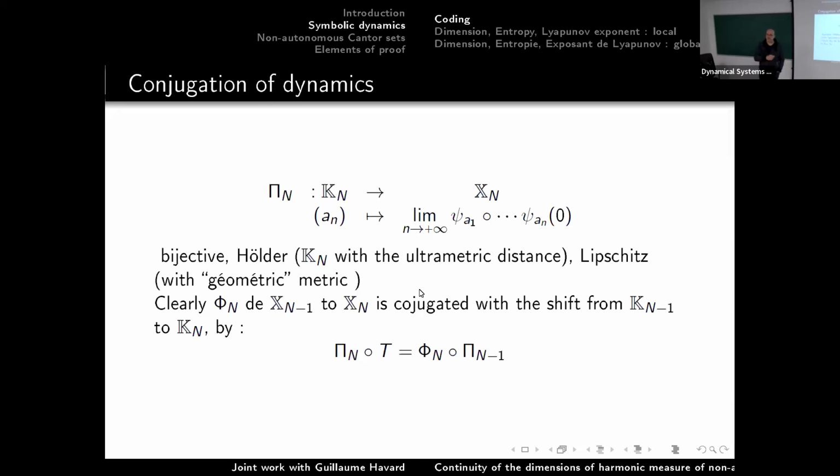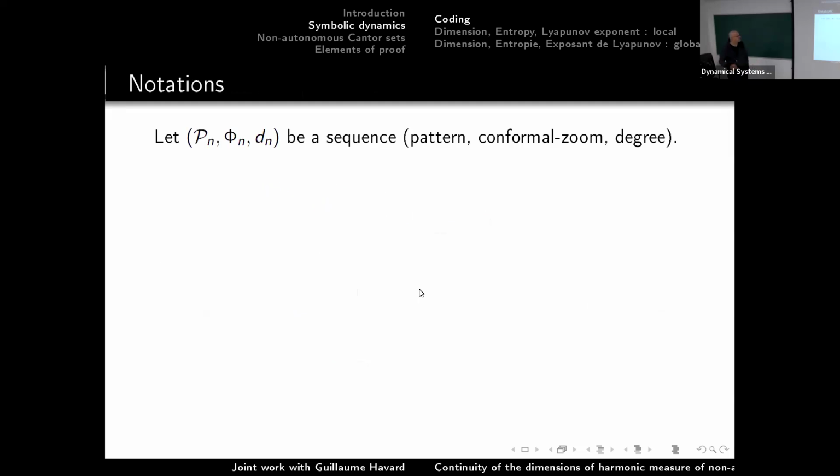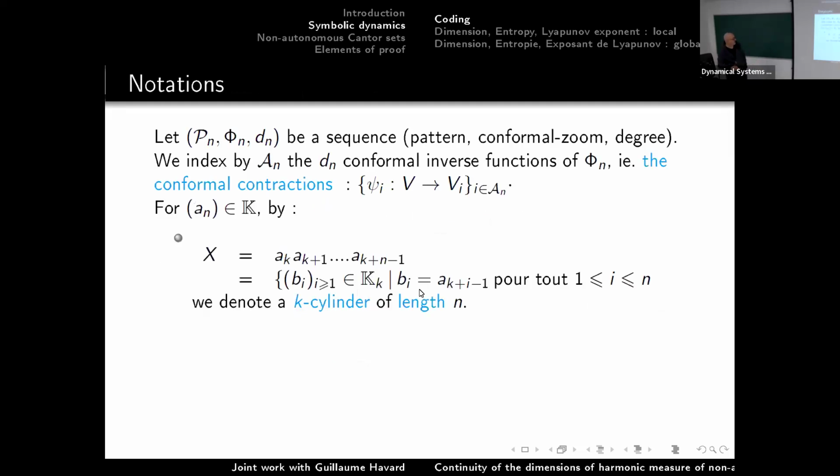But the shift is not a good tool in our case, because when you go from one generation to the other, everything changes. You don't have the same patterns, so you cannot hope for any invariance. So we have to deal with this problem. But nevertheless, the coding is central in what we do.